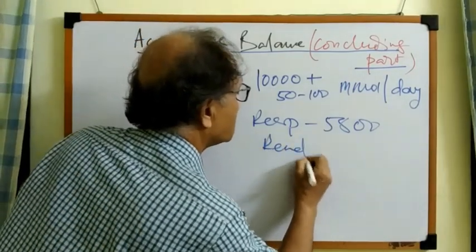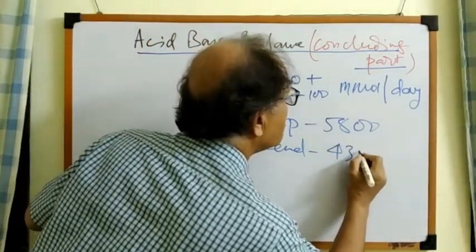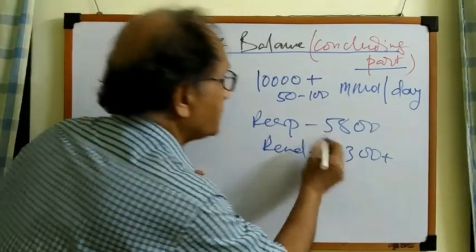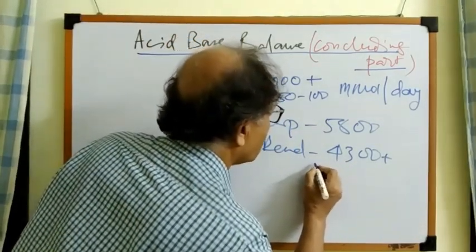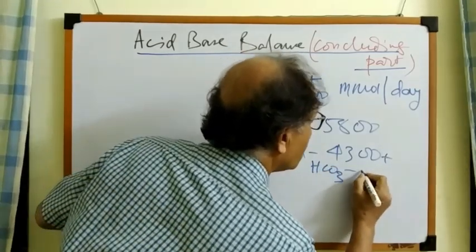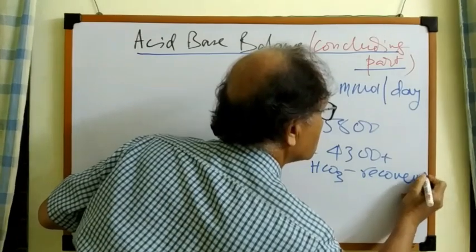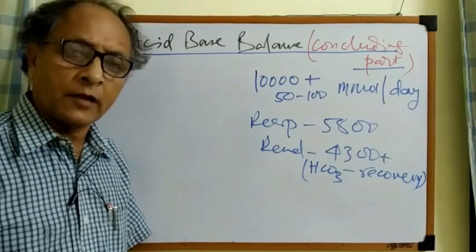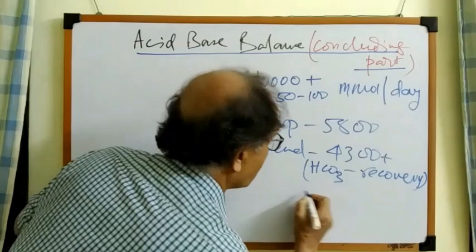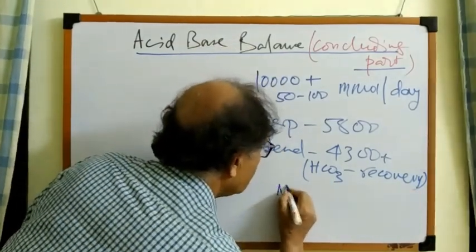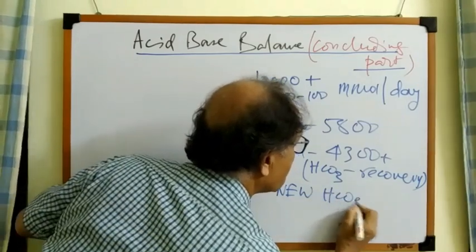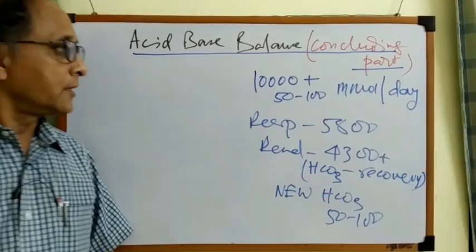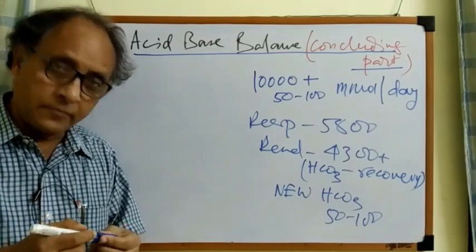By renal regulation, 4,300 plus is handled, or within renal regulation by bicarbonate recovery, this much amount of H plus ion is handled, and by new bicarbonate, around 50 to 100 millimole of hydrogen ion is handled per day. This I have described in my last class.